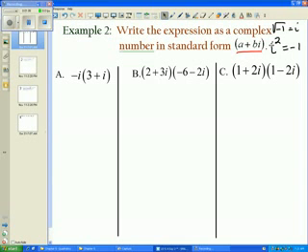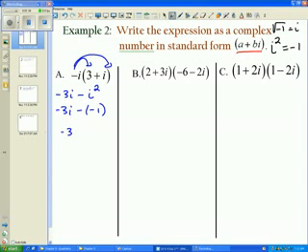So if I want to go ahead and multiply this out, this first one I want to distribute the negative i. Negative i times 3 is negative 3i. Negative i times i is negative i squared. Well, I know that negative i squared is negative 1, so negative times negative 1 is positive 1.